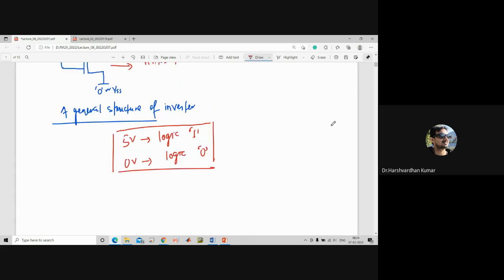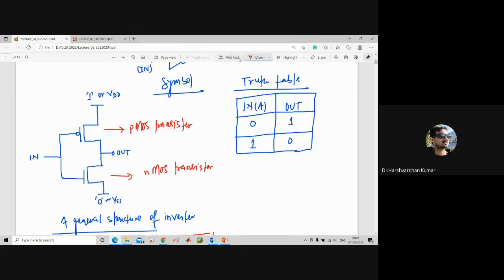Now let us focus on the operations of this device, how it will work, and based on that we can move towards the AND gate and OR gate.